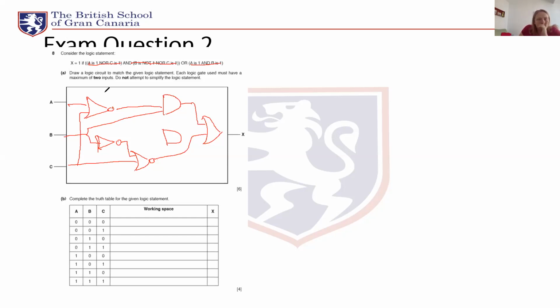Now, as we can see, A is NOR, C is 1, there we go, and we're going into an AND there. So that's probably right.